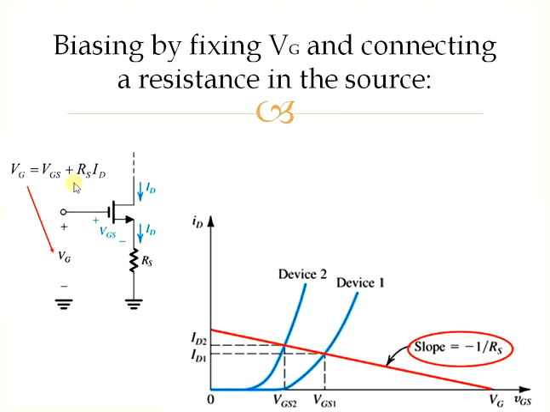Now, if the gate voltage VG is greater than VGS, the drain current ID is determined by the value of VG and RS. If ID tries to increase, the source resistance will provide negative feedback which will stabilize the drain current.